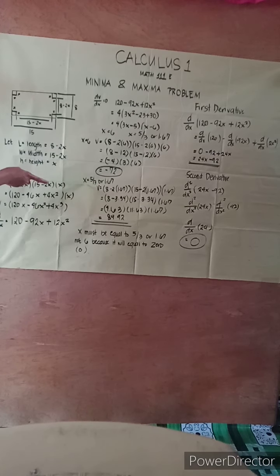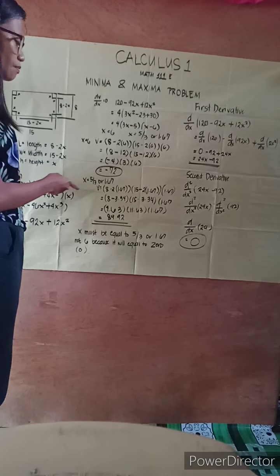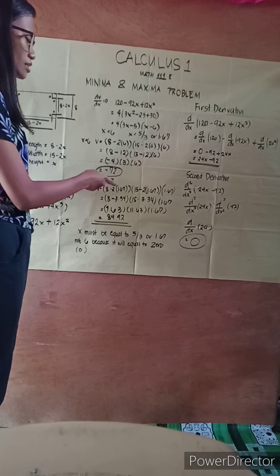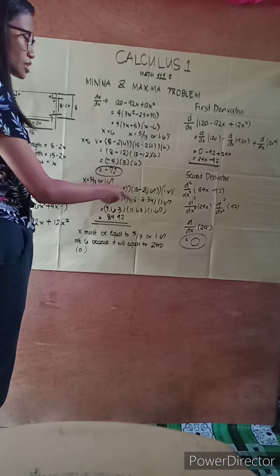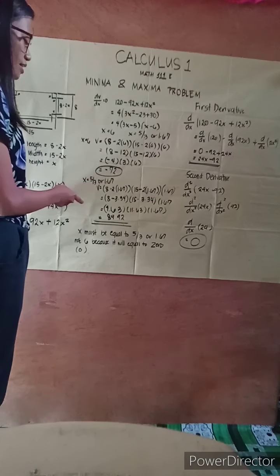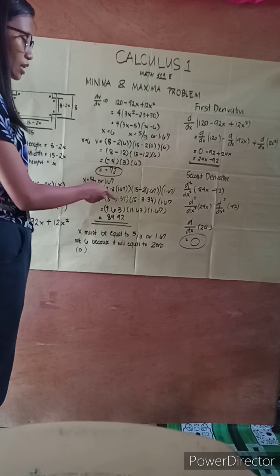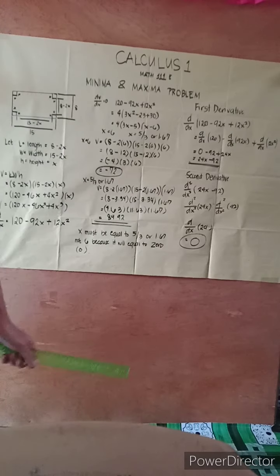Then if x is equal to 5 over 3 or 1.67, V is equal to (8 minus 2 times 1.67) times (15 minus 2 times 1.67) times 1.67, which is 8 minus 3.34 times 15 minus 3.34 times 1.67.